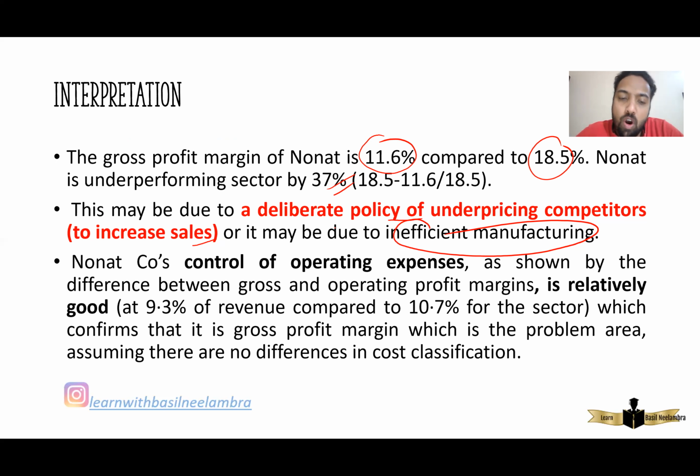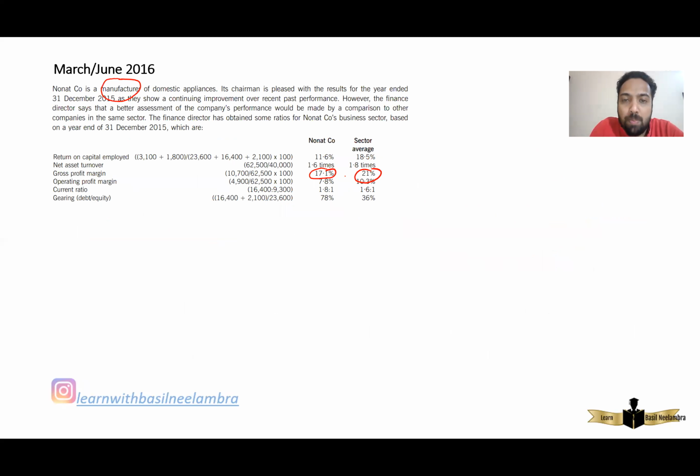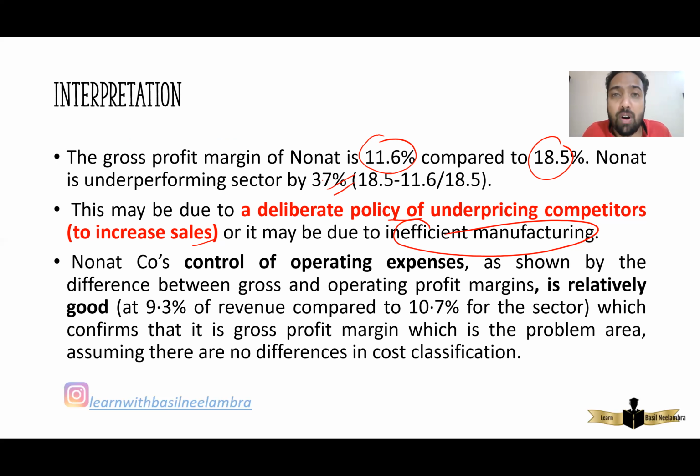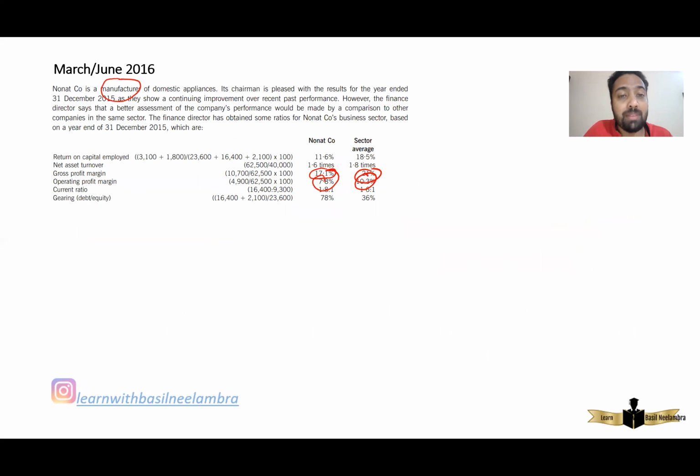Now, with respect to operating profit margin, what are we going to do? Operating profit margin is also lower, 7.8 and 10.3. So you're right. The gross profit margin fed through to operating margin reduces. And what we have to do, same thing which we did, operating expenses, 17.1 and 7.8. What is the difference? The difference between gross profit margin and operating margin are indirect expenses.